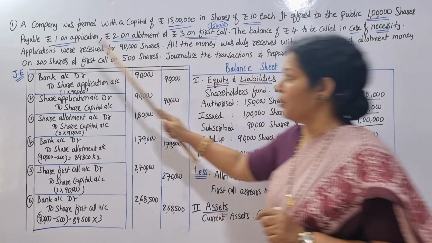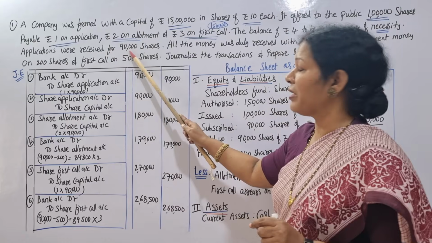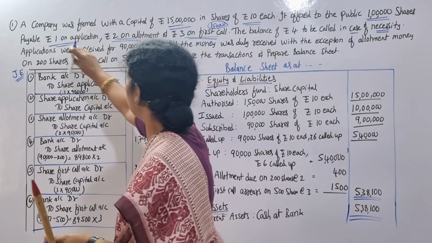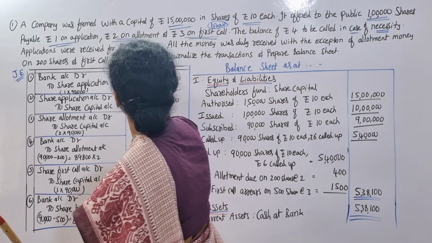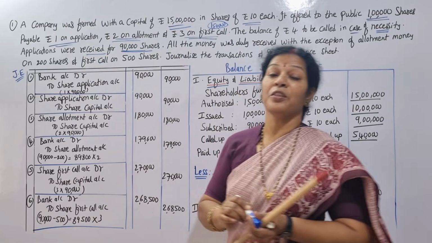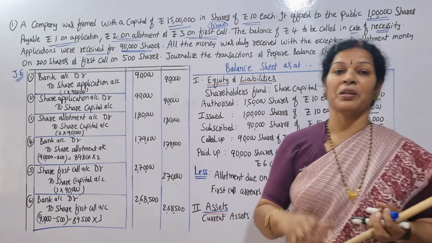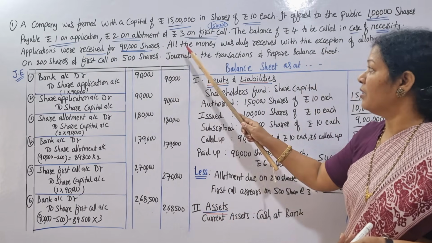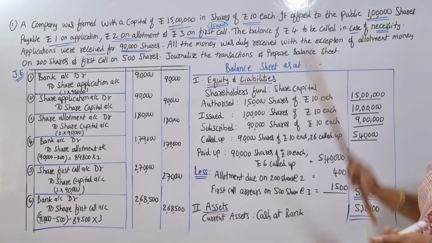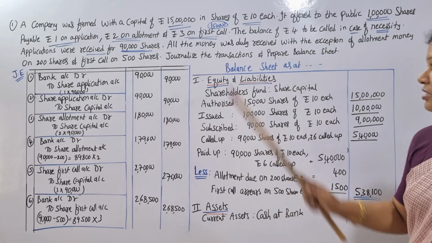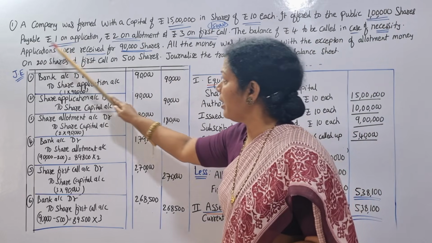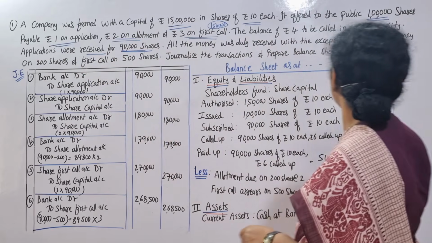Now, applications were received for 90,000 shares. Total issued is 1 lakh, but we got applications for 90,000 shares only. All the money was duly received with the exception of allotment money on 200 shares.